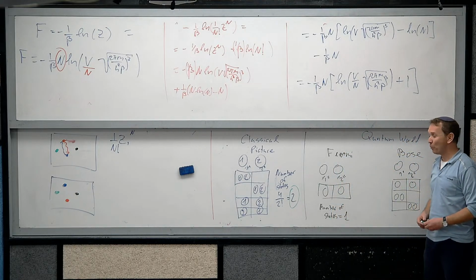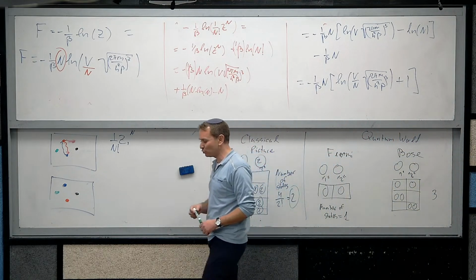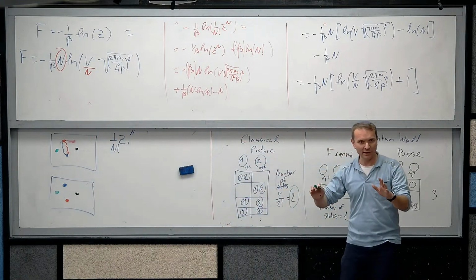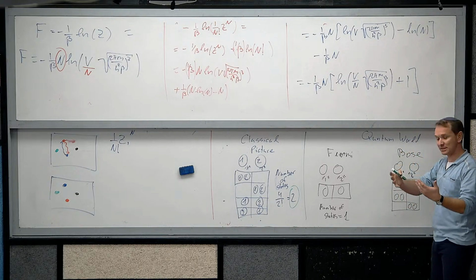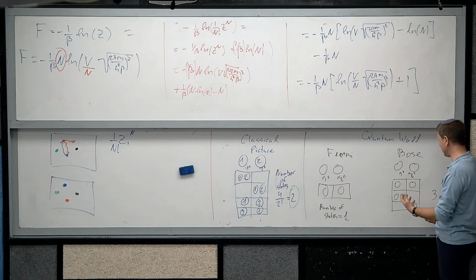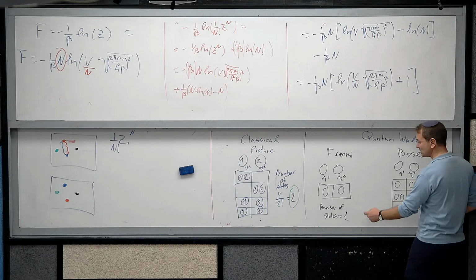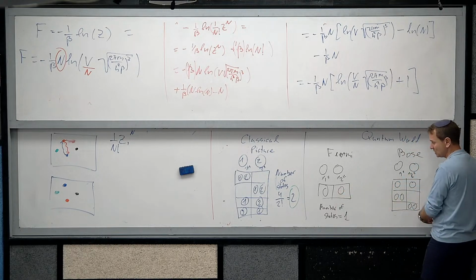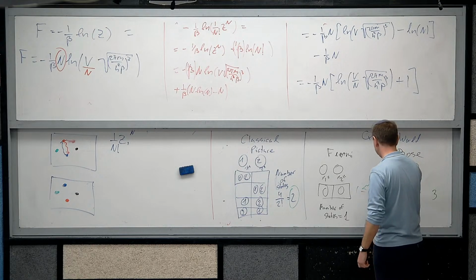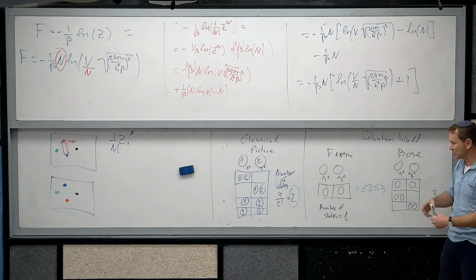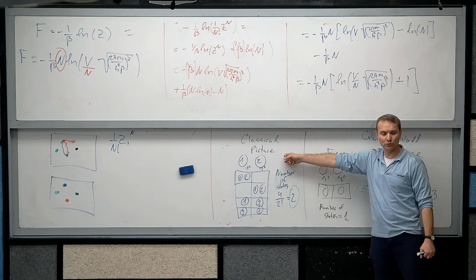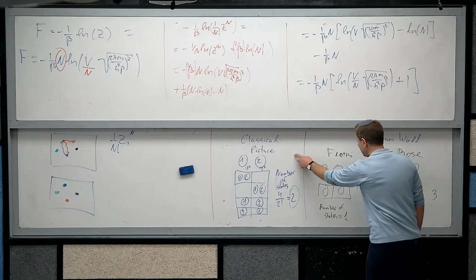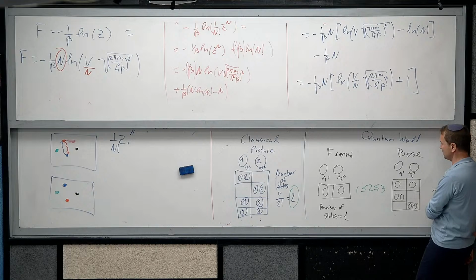It's the average. So what the solution to Gibbs paradox, this 1 over n factorial, does is it somehow approximates the behavior of the Fermi and the Bose. You always get in the classical picture something that is more than Fermi and less than Bose.